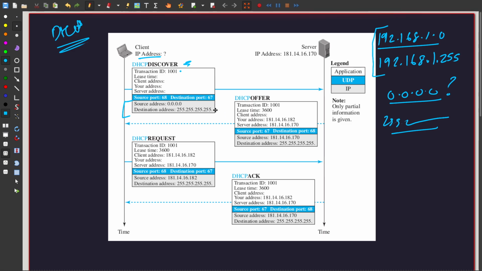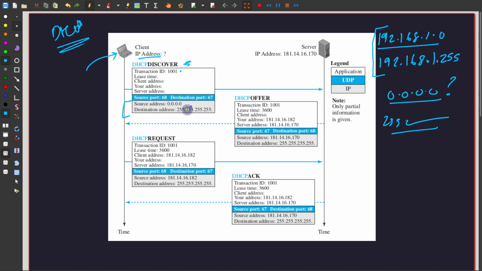The idea here is that this device right now does not really know what its subnet is, what its network address is. It does not know the gateway IP. It knows absolutely nothing.